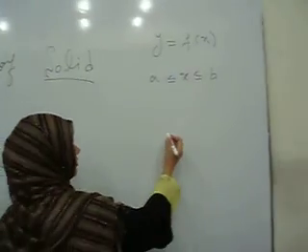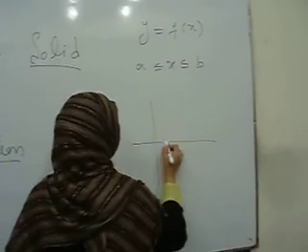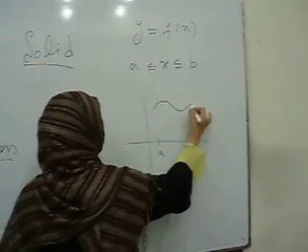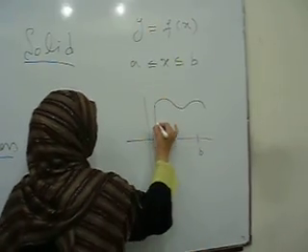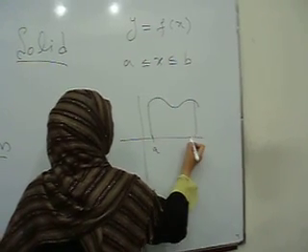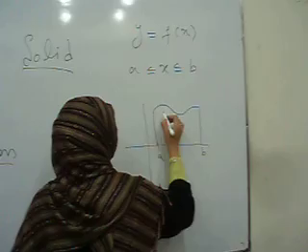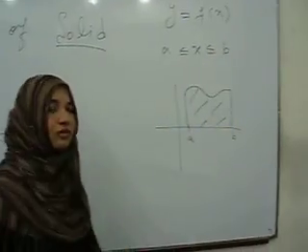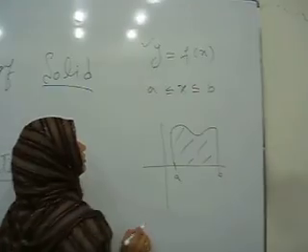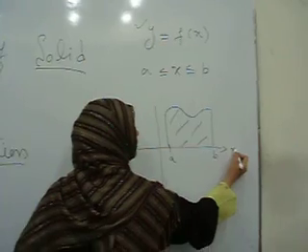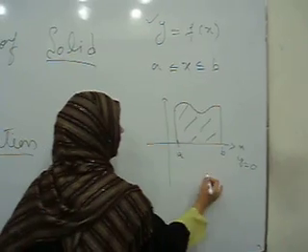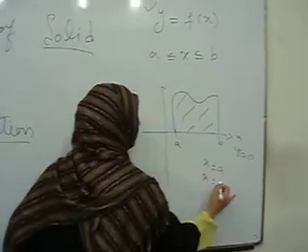If I sketch this particular function, for example, if this point is A and this point is B, and the given function f of x is defined over here, this shaded region is known as the bounded region, which is bounded by the function y equals f of x, the x-axis y equals 0, the line x equals a and x equals b.